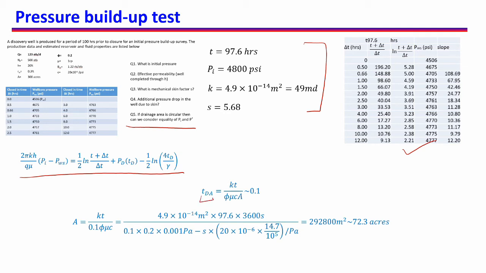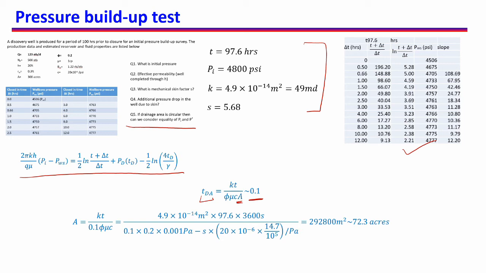that TDA, now we are not talking about TDA, but time is non-dimensionalized using the drainage area. So we change from transient state to pseudo steady state at very particular TDA, which is 0.1, and we have done this in a previous video.